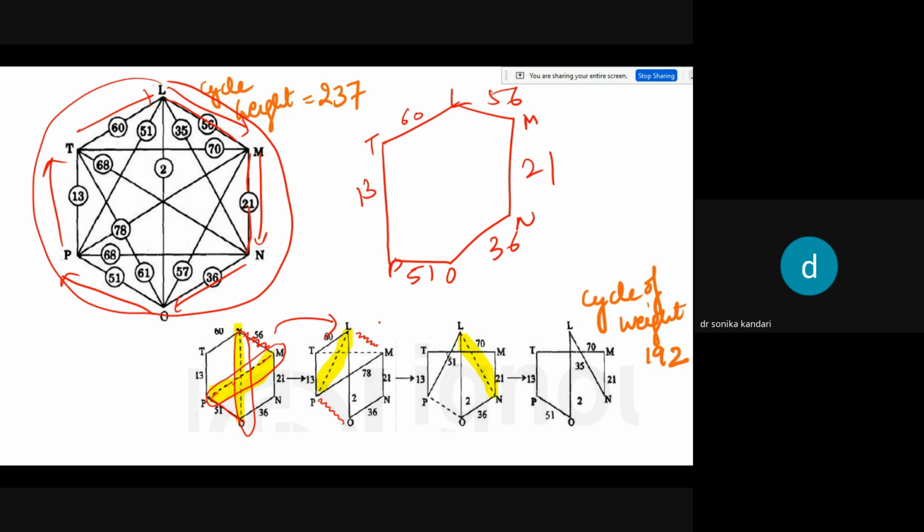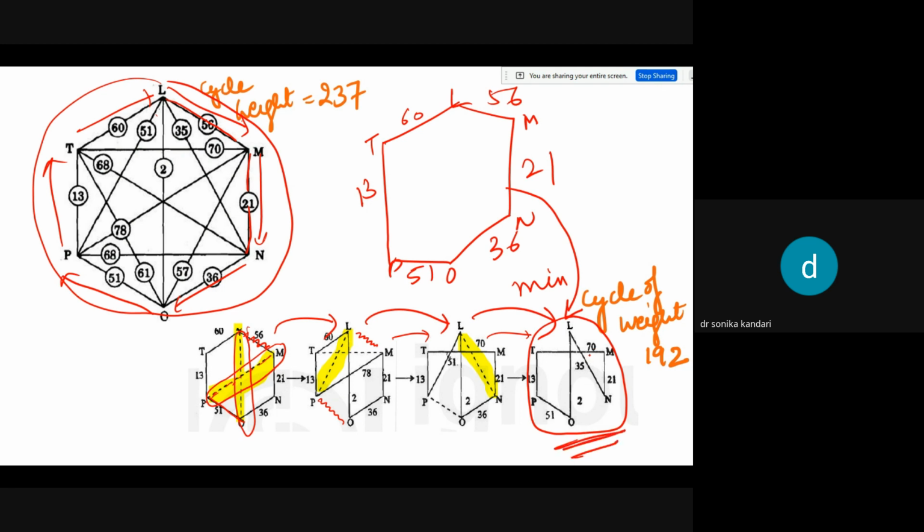In every step, to optimize, that is to find the minimum distance, these routes are being changed, and in every step some new route is added which involves minimum distance to be covered. And finally, our graph turns out to be like this.